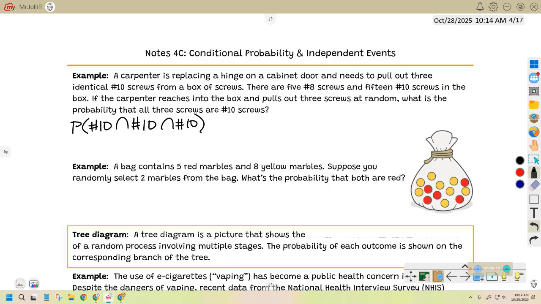And I know that should be probability that I draw a number 10 times probability I draw a number 10 given the first was a number 10 times probability that I get a number 10 given the first 2 were number 10s. And that sounds complicated. It's not as messy as it sounds. So we're going to think through this logically. I know I'm multiplying probability times probability times probability. Fraction times fraction times fraction.